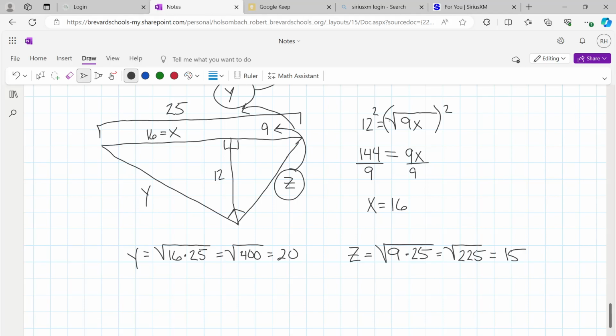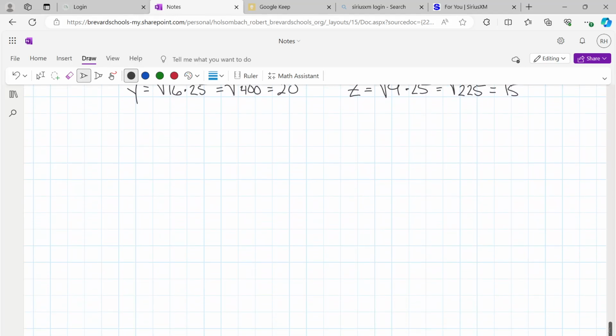All right. So that's the geometric mean theorem and how you use it to solve for side lengths in right triangles. And then your practice for today is going to be on page 541, problems 5 and 6.